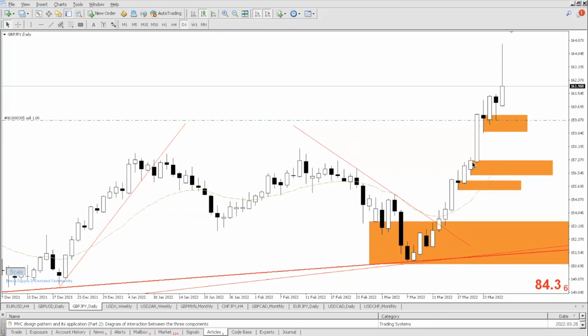Because if it comes down here and takes me out from my buy limit, what am I going to do? It will hit my stop loss, preserve my capital, and what happens? I come again here, set my buy limit here again, okay?